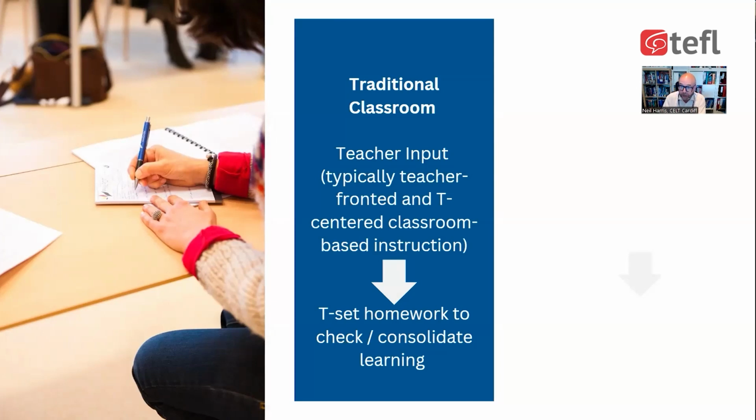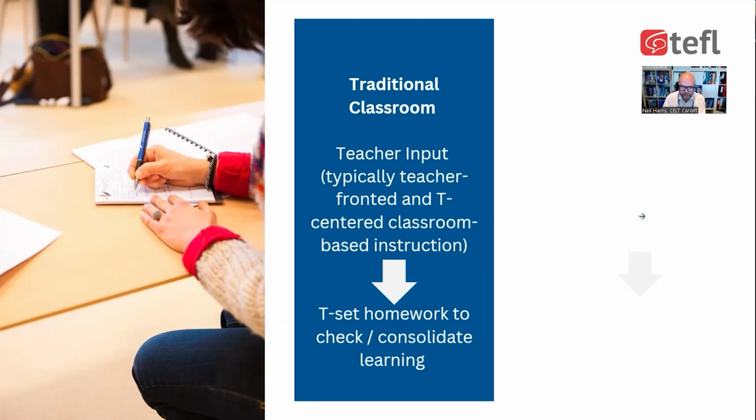So in a traditional classroom, the teacher is at the front, they choose what to teach, they choose how to teach it. Teacher input, teacher controlled. And then at the end of the class, the teacher gives homework for the students to do, which enables the teacher to check if learning is taking place and perhaps to consolidate learning.